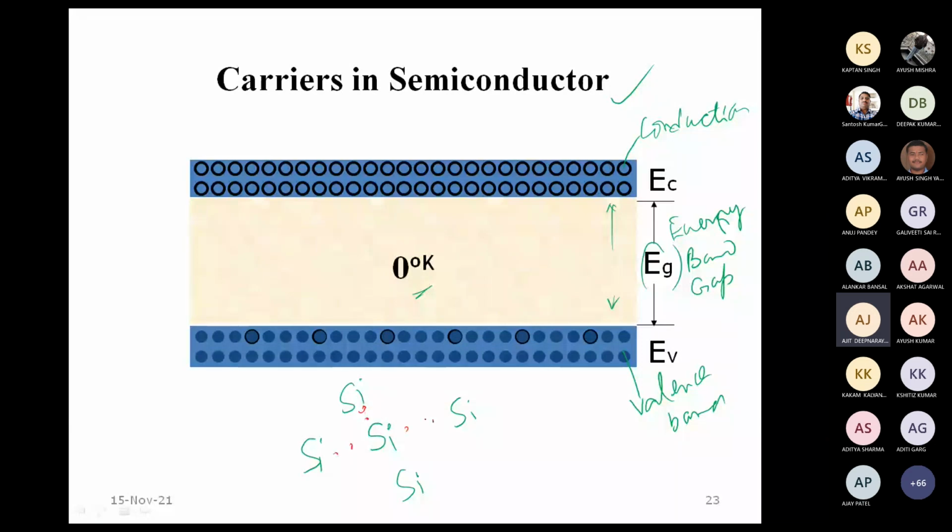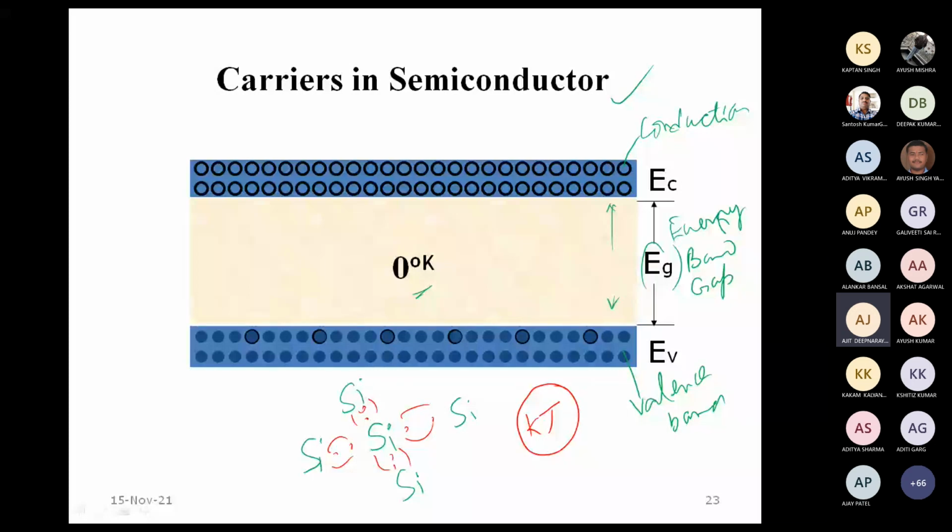So there was no electron present to participate in conduction at 0 degree Kelvin. Why at 0 degree Kelvin? There is something called thermal energy given by kT, which exists at any temperature. At 0 degree Kelvin this happens to be 0, so there is no thermal energy.